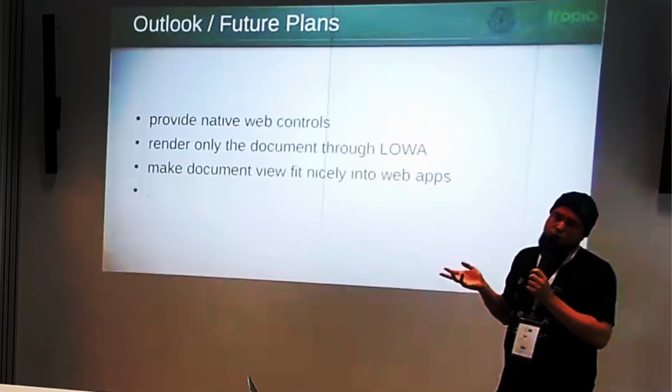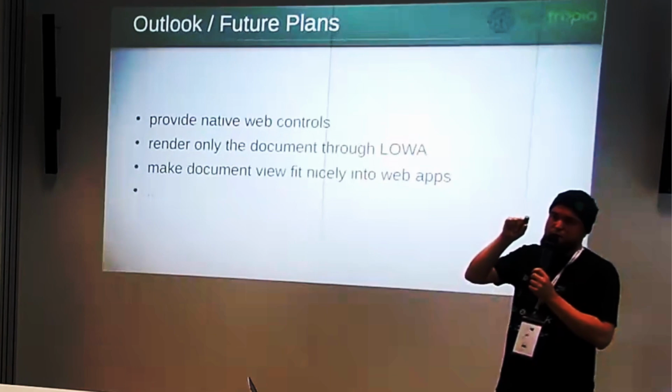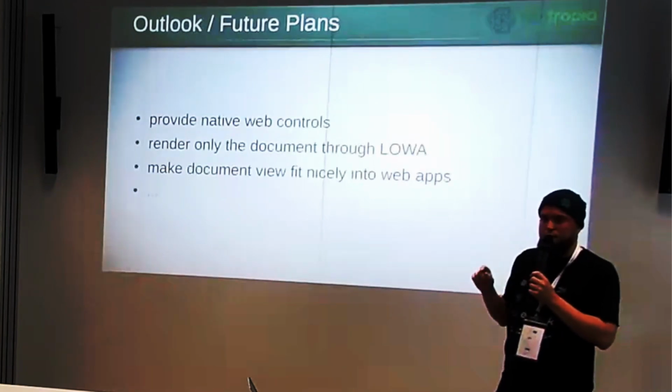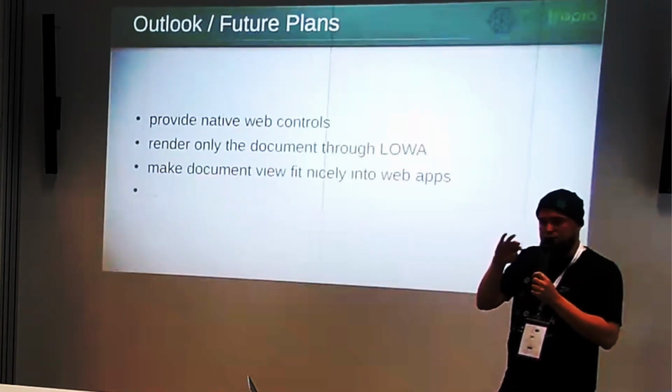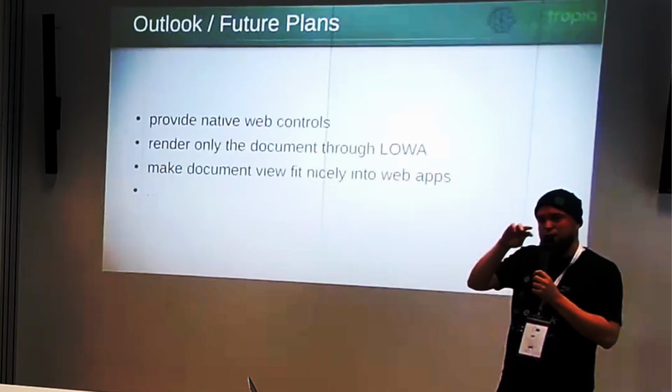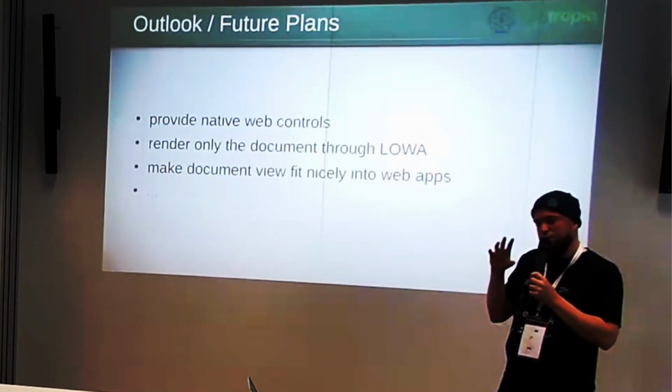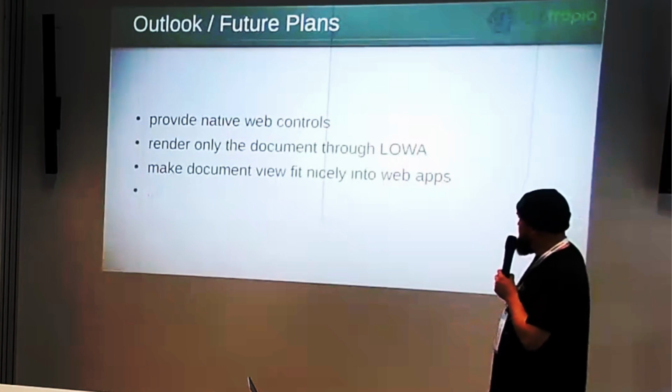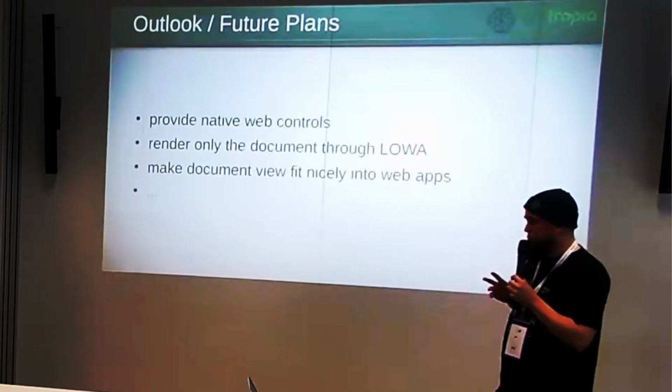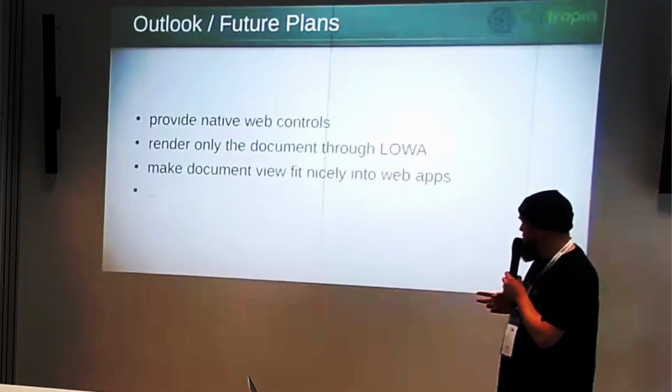First idea would be to replace the LibreOffice controls for the document, like the toolbars, with some JavaScript stuff, which gets rendered outside of that LibreOffice view. So you have nice JavaScript controls for that, or HTML controls.